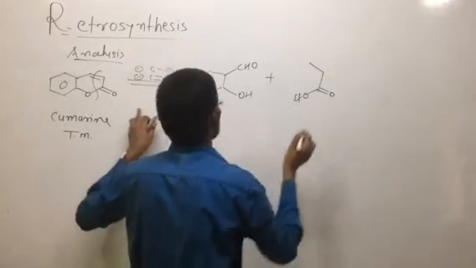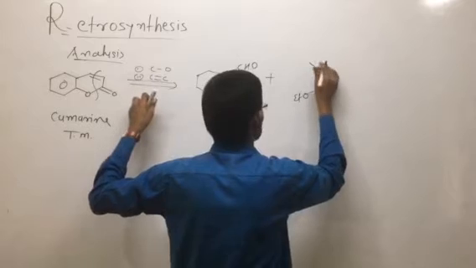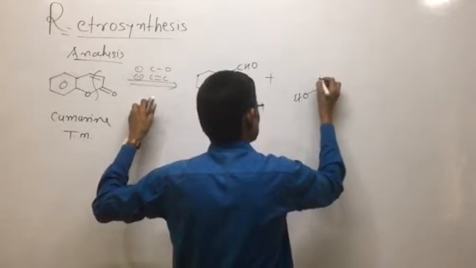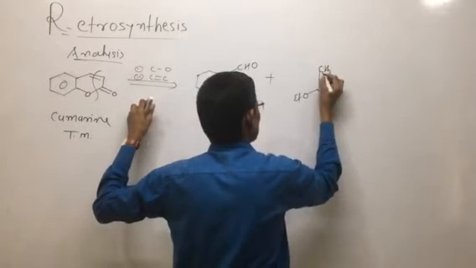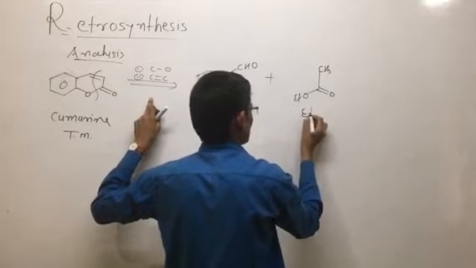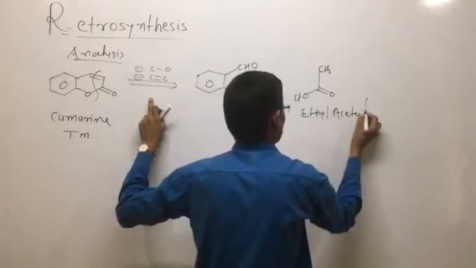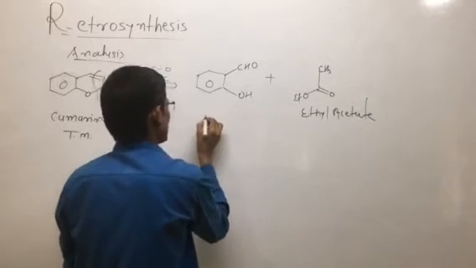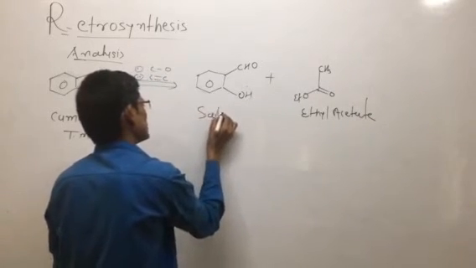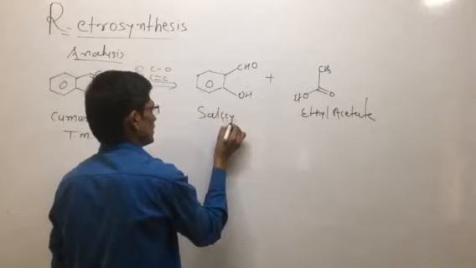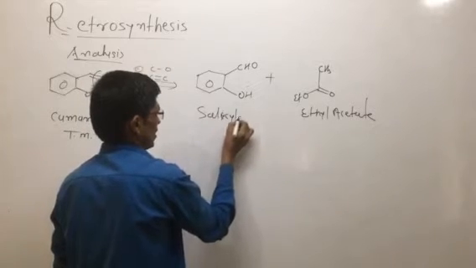We can take the CH3 atoms or group of atoms, which is methyl as ethyl acetate. This is the ethyl acetate, and this 2-hydroxybenzaldehyde is called salicylaldehyde.